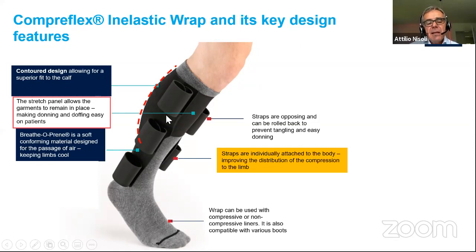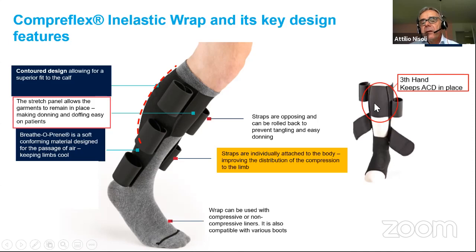So they are very easy to don. If the patient is not able to do it on his own, then at least we can hope that there are family members who can help, but usually it's quite easy for them to do. This is the stretch panel which is in front, and we say it's like the third hand. It helps for an easy donning.